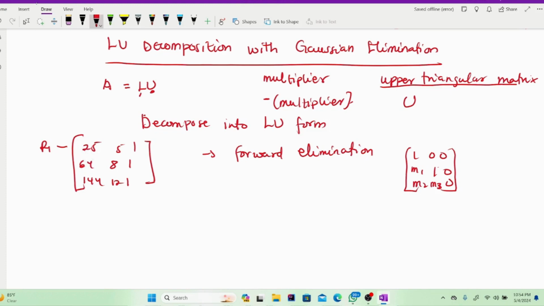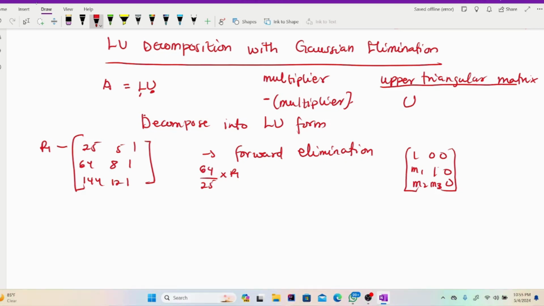To do our first elimination, our first multiplier is 64 over 25, right, multiplying R1. So this becomes the multiplier here. Is that not it? 64 over 25.